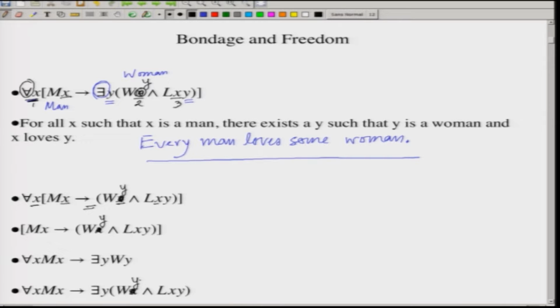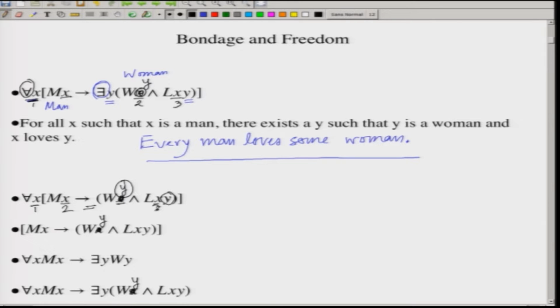Now, here we have 1, 2, 3 occurrences of x, and we can see that all 3 are bound, but both the occurrences of y are free. Now, what does it mean? It roughly means that for all x, if x is a man, then y is a woman and x loves y.